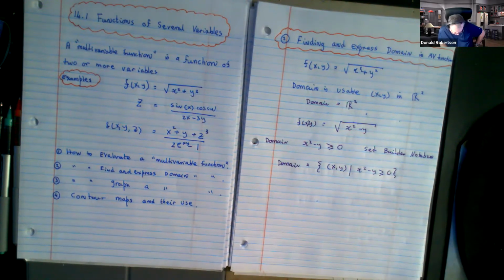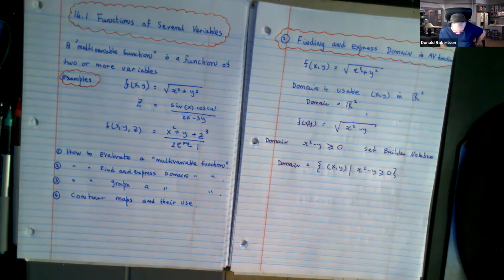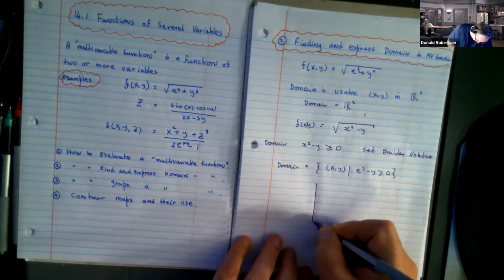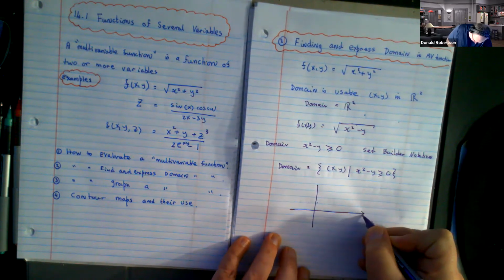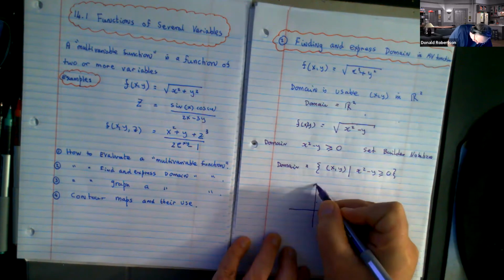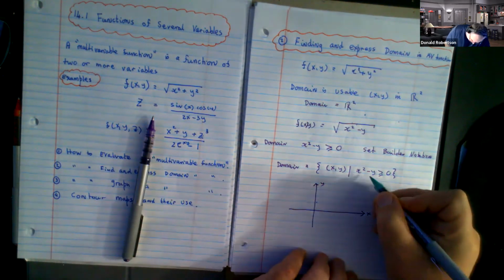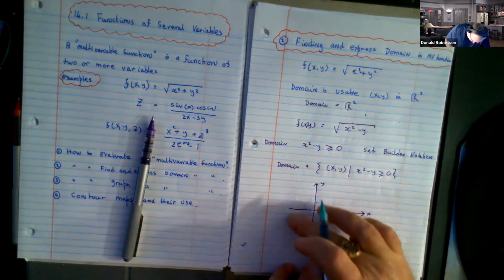Now, how would I visualize x squared minus y squared greater than or equal to 0? If we imagine only the floor of your three-dimensional space, we'll draw it the good old-fashioned flat way. I want to see if I can describe where the points are that are in the domain.